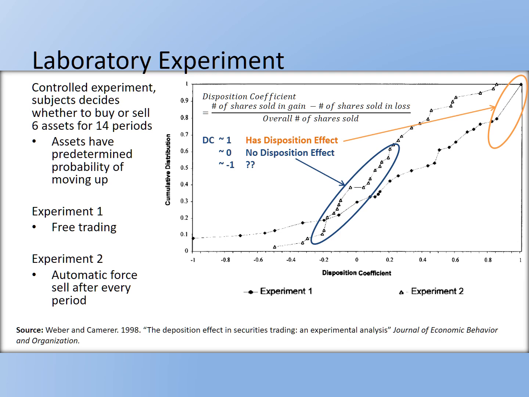But you can figure out which stock is more likely to go up from past history, because this is not a random walk. This is actually a predetermined probability. It's not 50-50, because some stocks have a higher chance of going up, some stocks have a lower chance of going up. By observing the past record, you can make an informed decision on which stock is the most likely one to go up.